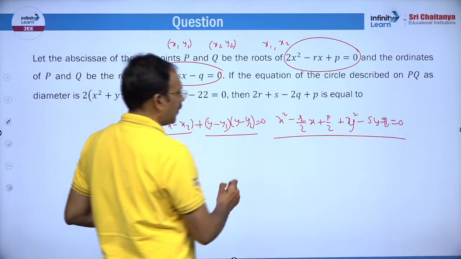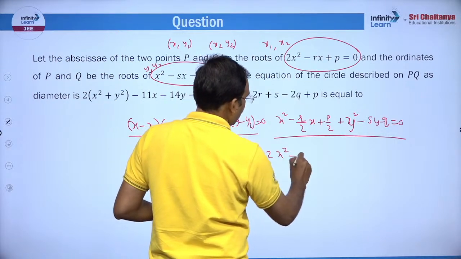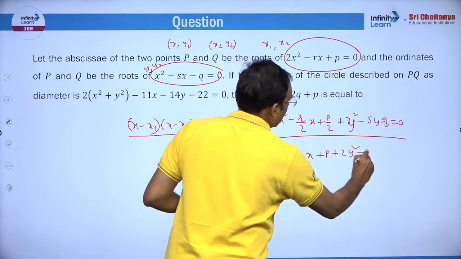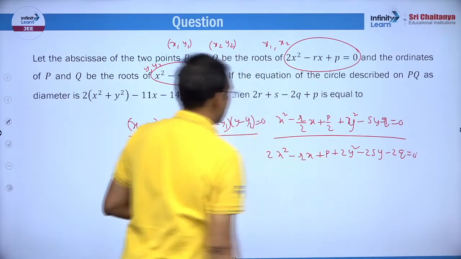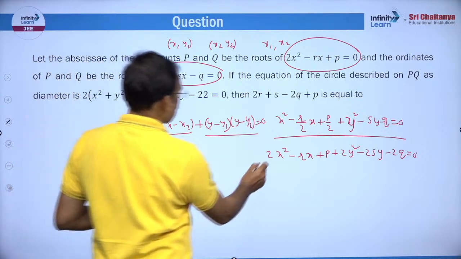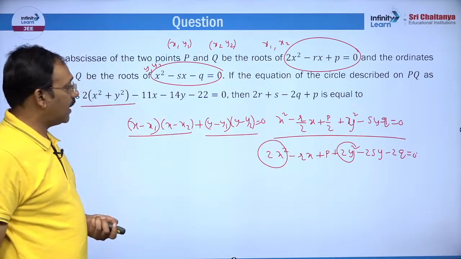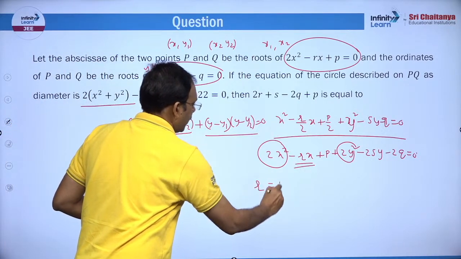So you just multiply with 2, so that 2x square minus rx plus p plus 2y square minus 2sy minus 2q equal to 0. From this friends, 2x square plus 2y square is perfect here. X coefficient is minus 11x, so r is equal to 11.